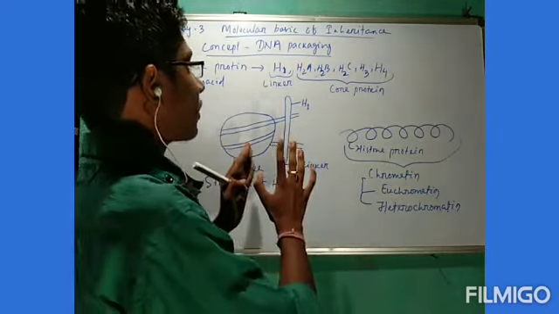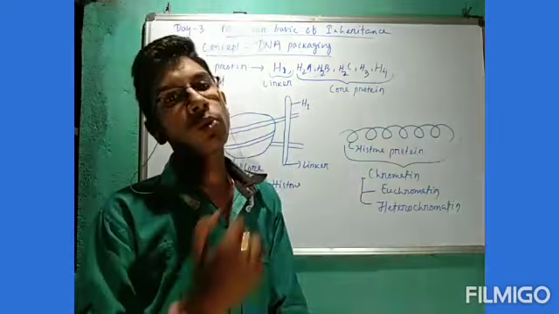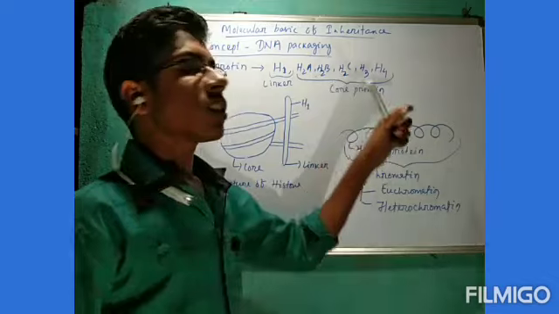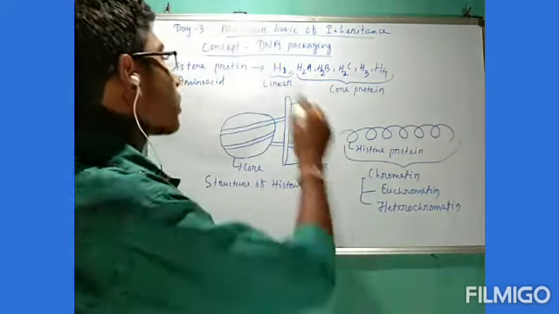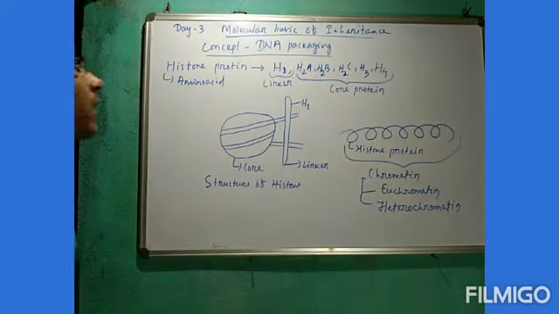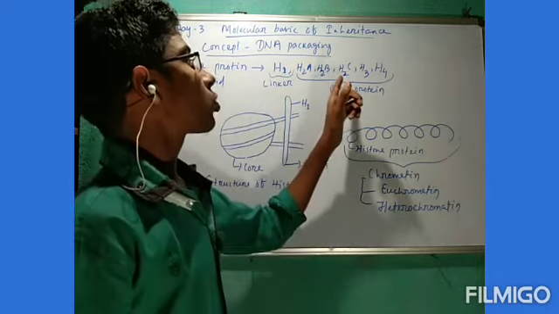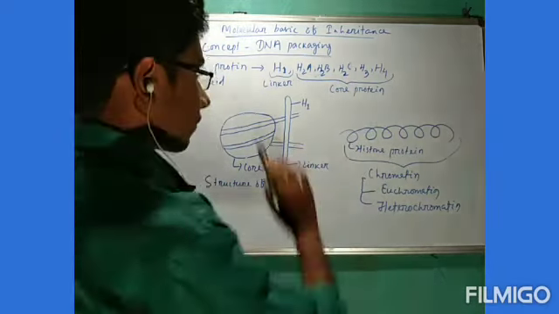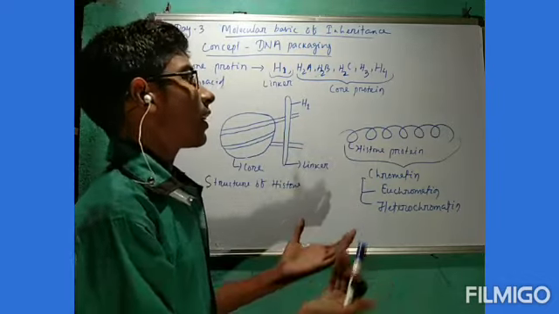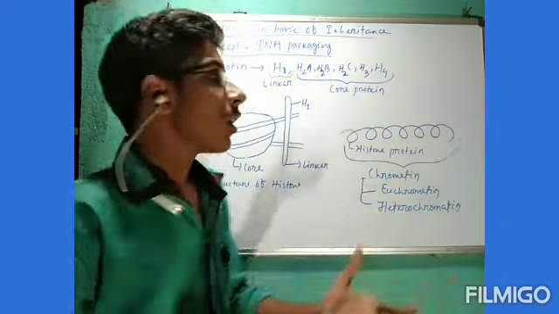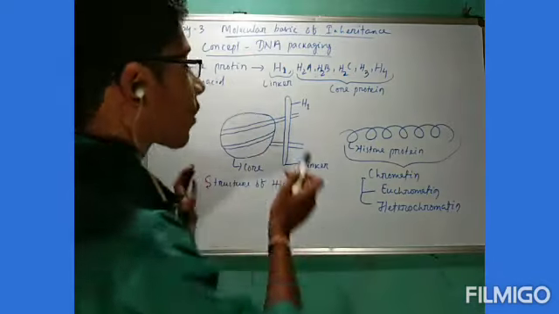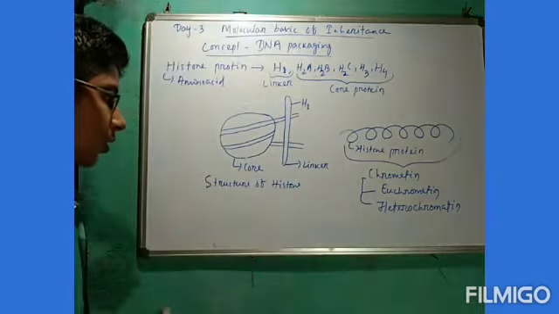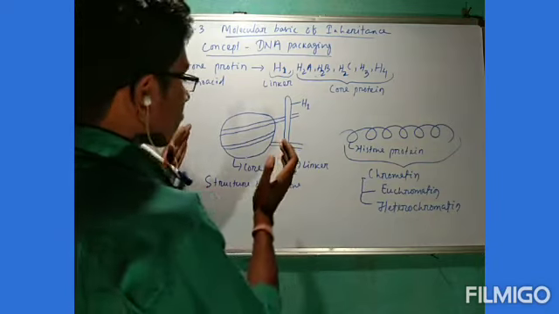These 5 histone proteins are further divided into 2 types: one is linker histone protein and another is core histone protein. H1 is the only linker histone protein, but H2A, H2B, H3 and H4 are core proteins. What is linker and what is core, and how the DNA wraps itself around the histone protein, we know from the structure.